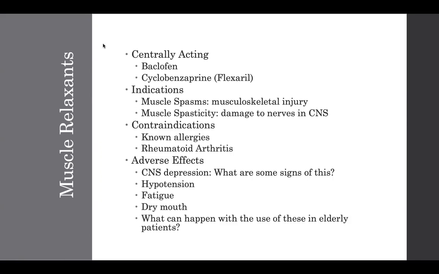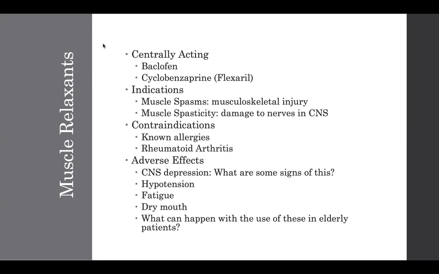Some contraindications of these are having a known allergy and then rheumatoid arthritis. And then when it comes to adverse effects, they're going to have CNS depression. Can anyone tell me what some signs of CNS depression are? Balance, yep. Low respiratory rate.